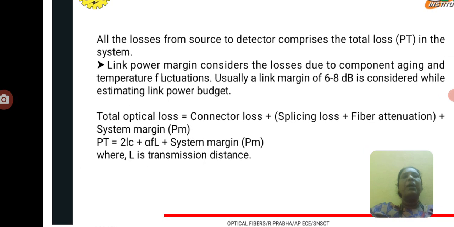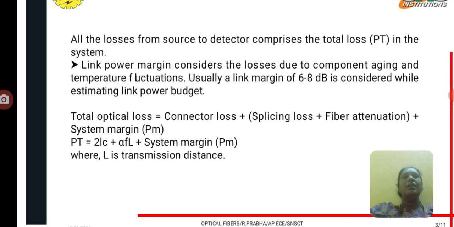Link power margin considers the losses due to component aging and temperature fluctuations. Usually, a link margin of 6 to 8 decibels is considered while estimating link power budget. The total optical loss PT is given by the formula: connector loss added with splicing loss plus fiber attenuation and also added with system margin PM.